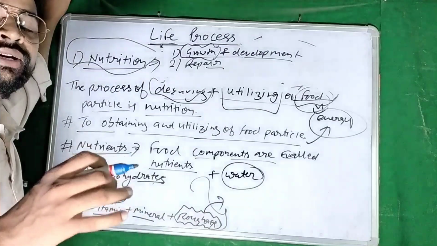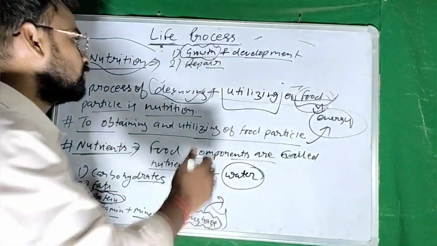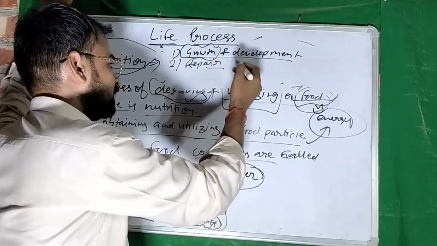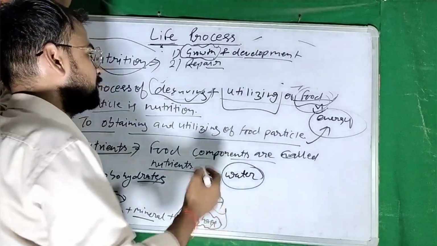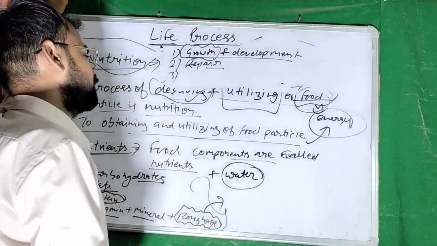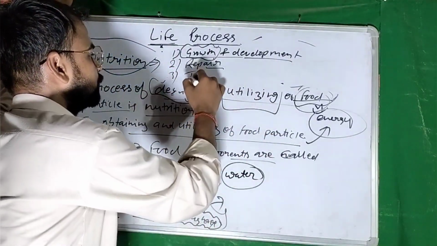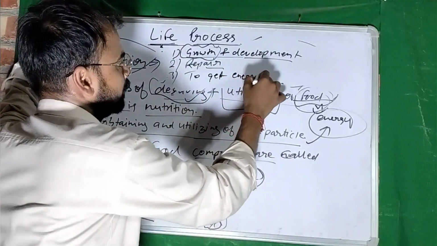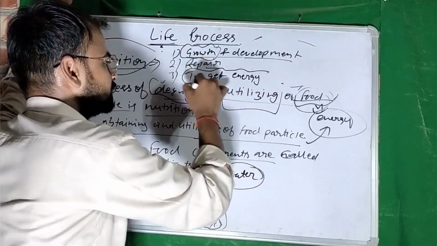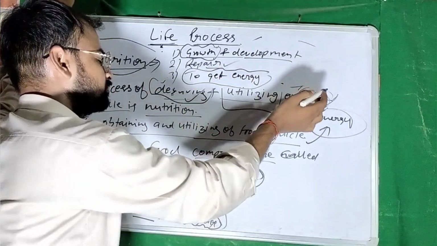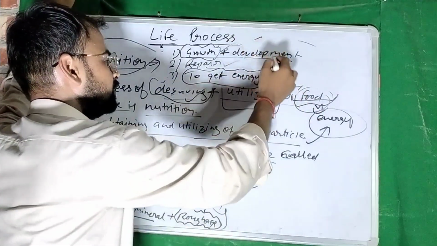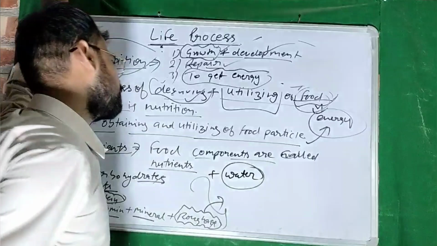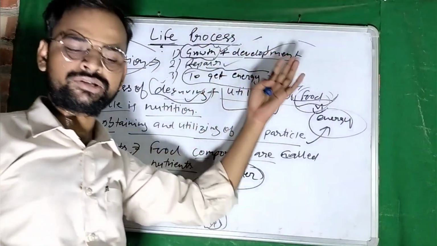That time our cells die, so food is needed for the repair of the damaged cells. And number three is to get energy, because if there is no energy, our body cannot repair the damaged cells, our body will not grow, and no growth or development will occur.